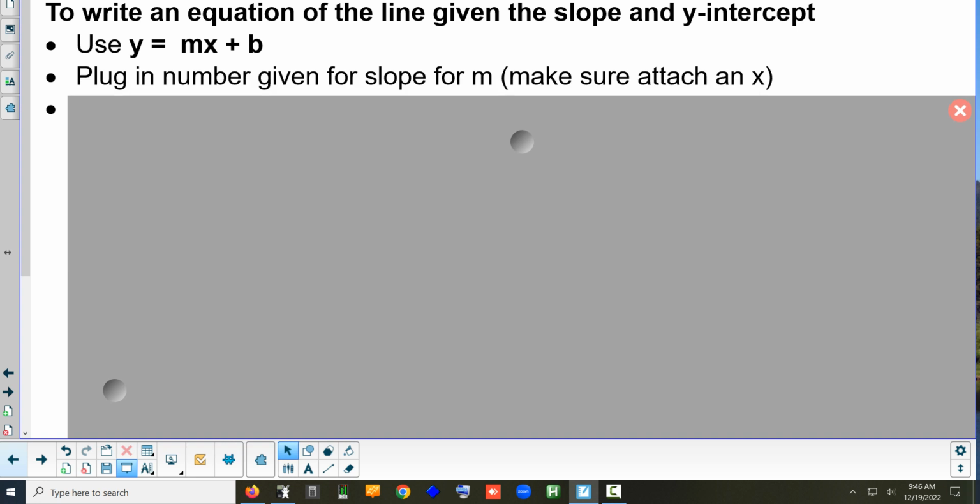Now the second bullet, it says plug in number given for, and you have a blank. You're going to plug in the number that's given for the slope for one of the letters. Which letter? M. So you're going to take whatever they give you for the slope, and you're going to plug that number in for m.